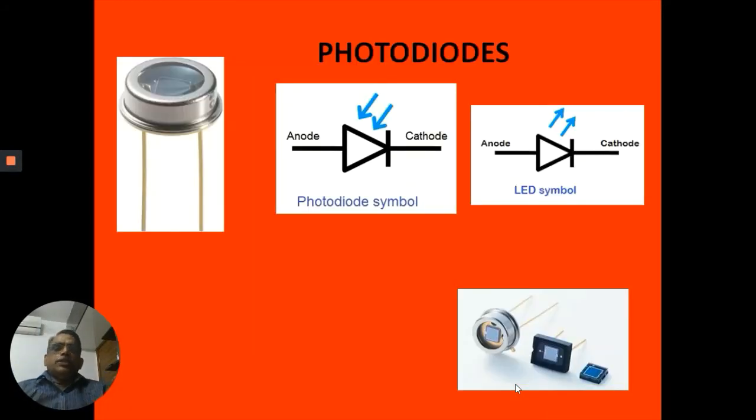The next detector that you have to look at is the photodiode. This is the real geometry, the real appearance of your photodiode, and you have two pins. Then the electronic symbolic presentation is a photodiode with the absorption of light, while an LED is emission of light. This is how they are symbolically different.